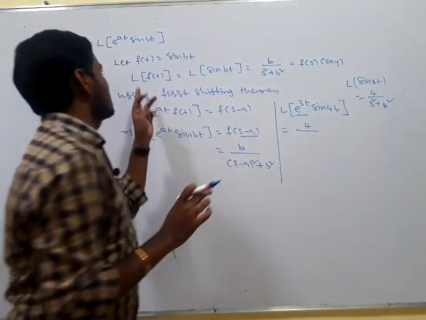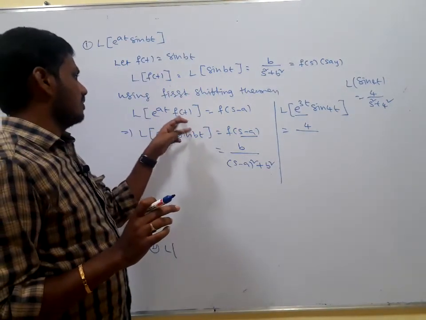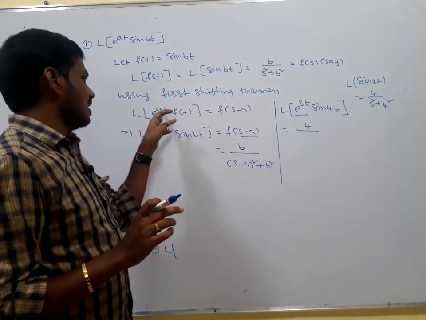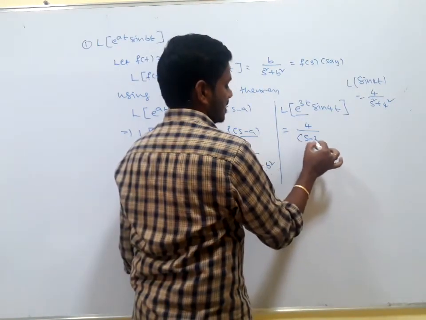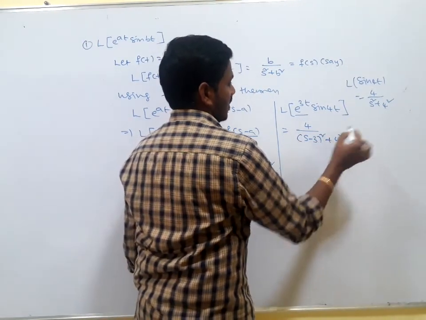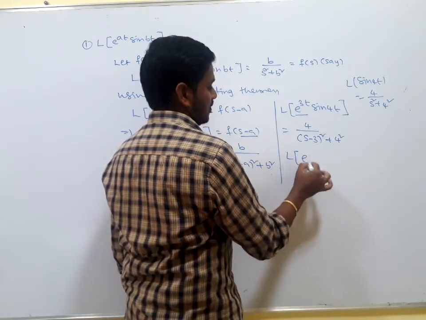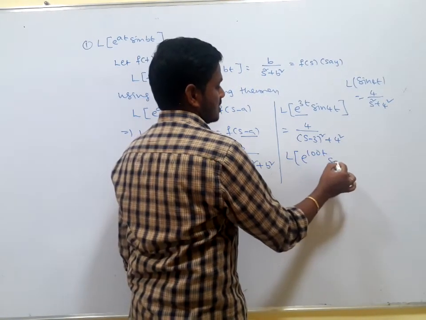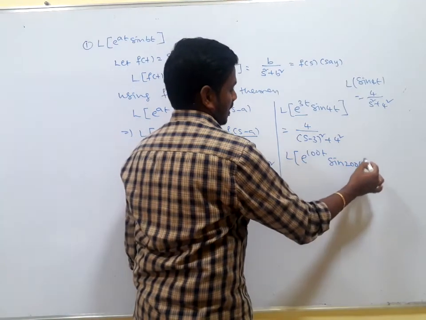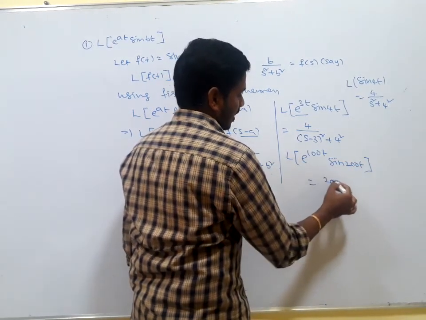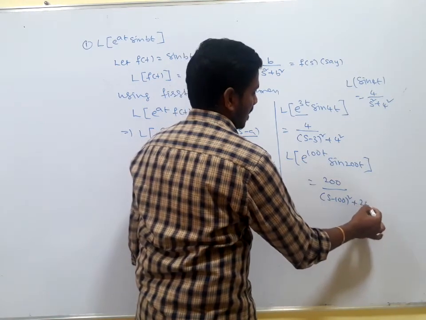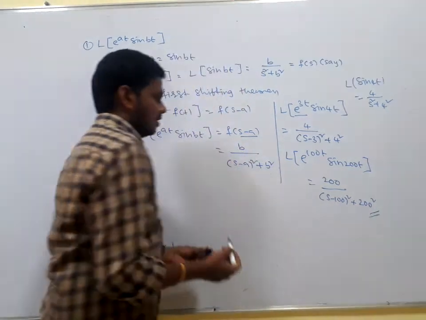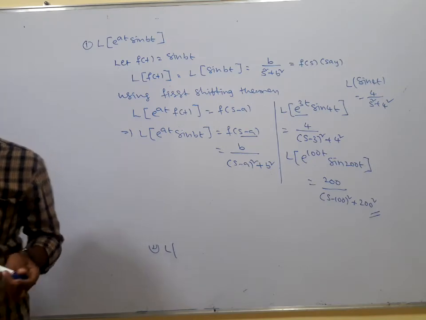Here it is the Laplace transform of e to the power of at into f of t, s is replaced by s minus a. Here a is 3, so s is replaced by s minus 3. So it is 4 divided by s minus 3 whole square plus 4 square. Like that you can write it. The Laplace transform of e to the power of 100t sin 200t is equal to 200 divided by s minus 100 whole square plus 200 square. This can be considered as a formula also.